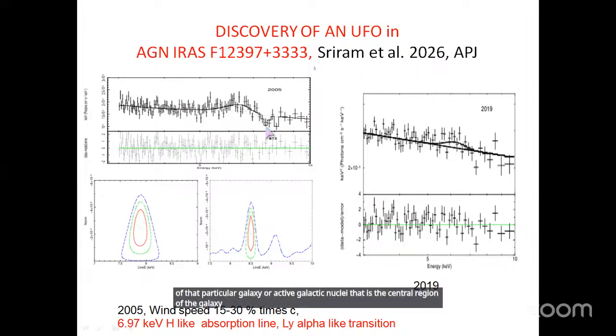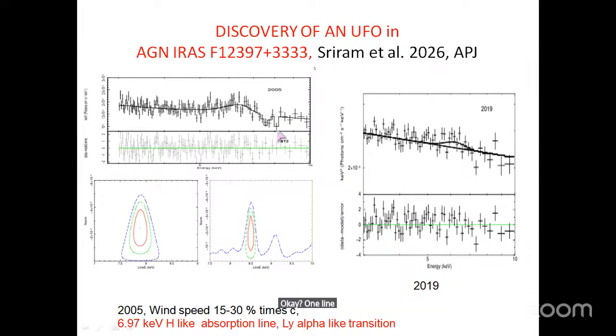We see two lines: one at 8 keV, another at 9.5 keV. These lines should occur at 6.97 keV, but we observed one at 8 keV.